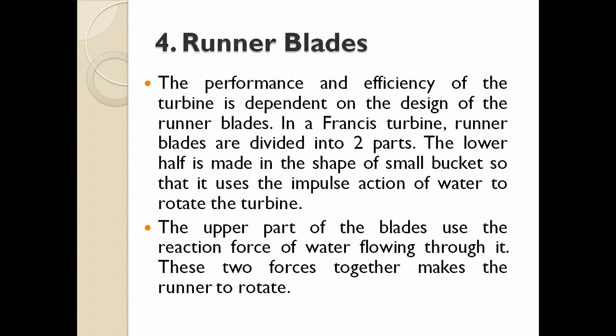The lower half is made in the shape of small buckets so that it uses the impulse action of water to rotate the turbine. The upper part of the blades uses the reaction force of the water flowing through it. Thus the two forces together make the runner rotate.